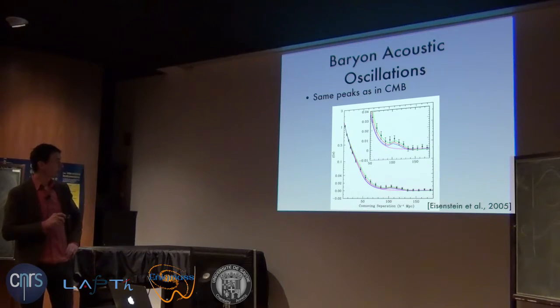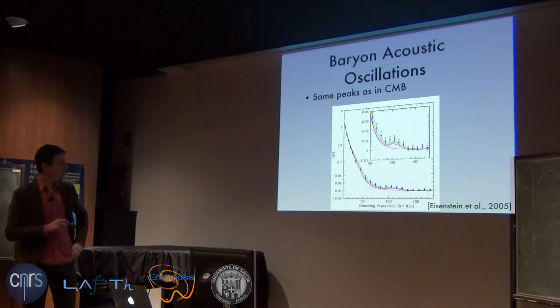If you consider a galaxy somewhere and you look at the chance that there's another galaxy at a distance of exactly 70 megaparsecs over h away from that galaxy, this function gives you the chance that there is one. And you see there's a tiny bump, a tiny peak, close to 100 megaparsecs over h. And this tiny peak is exactly the baryon acoustic oscillations.